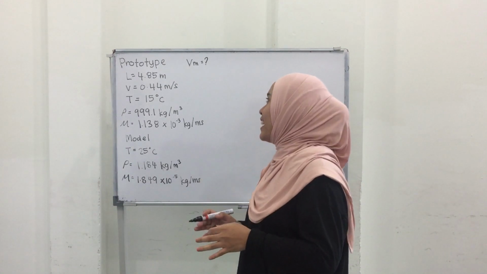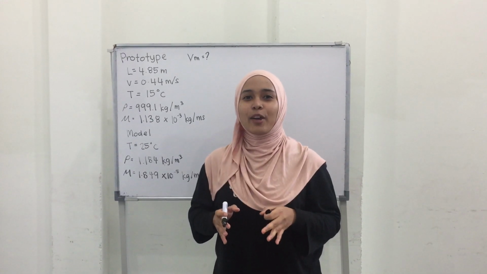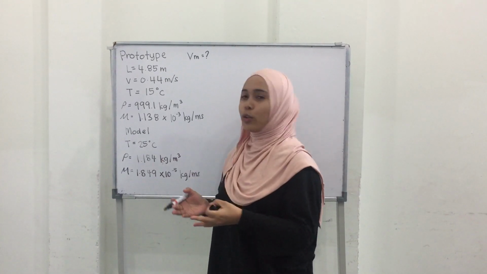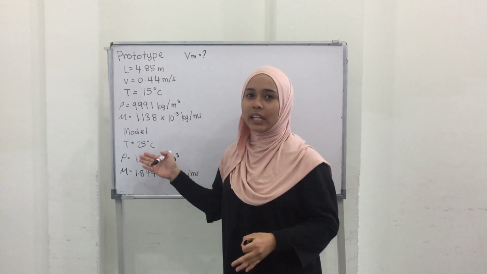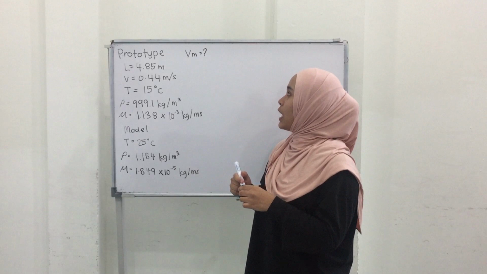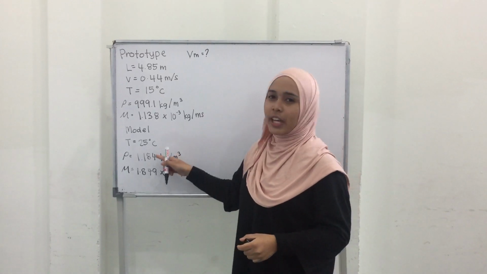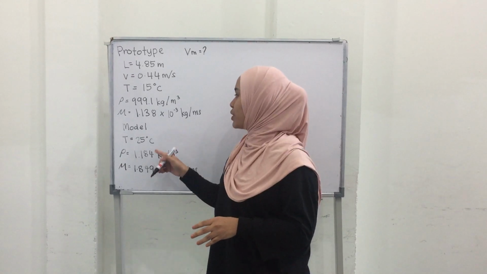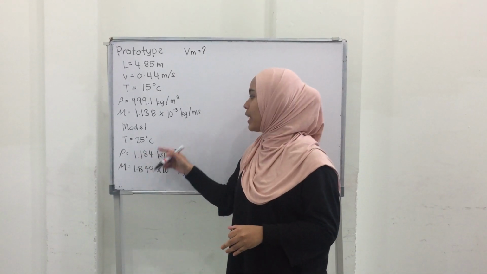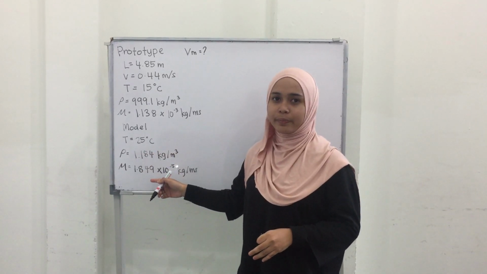Okay, now from the question, we can get information. From the information, we divide into prototype and model. For the model, we get temperature at 25 Celsius, and from the table at 25 Celsius, we can get rho and mu.